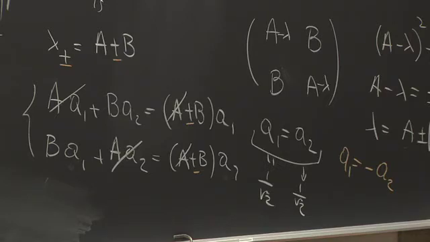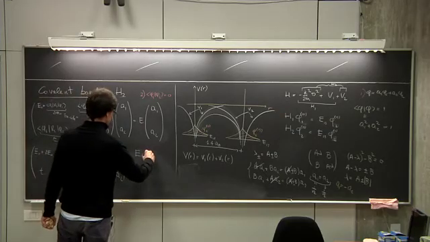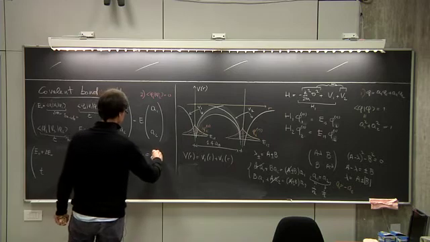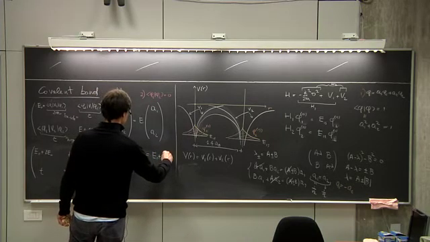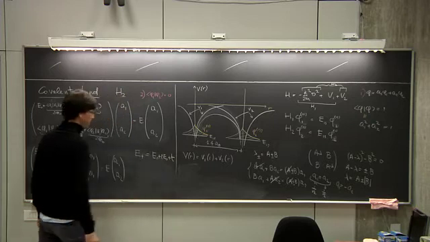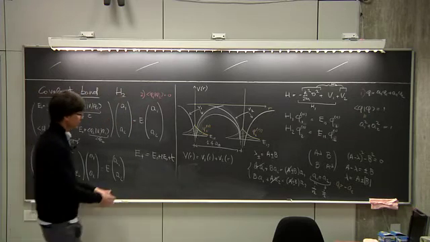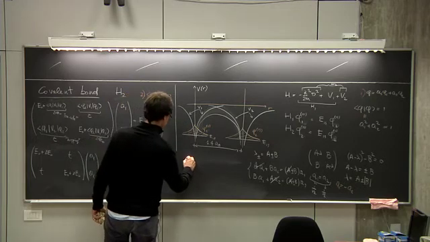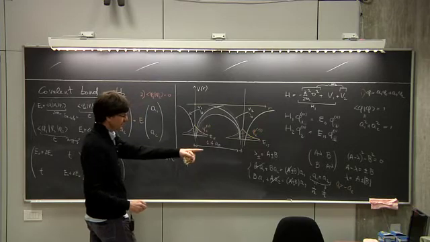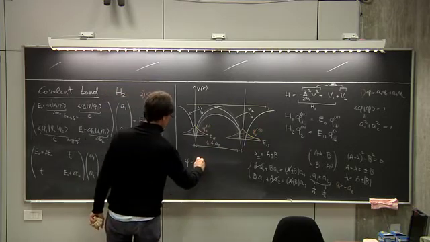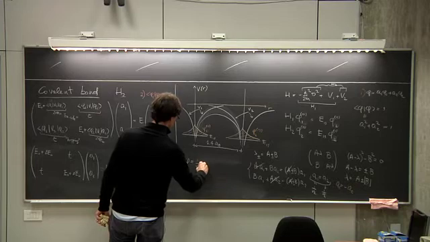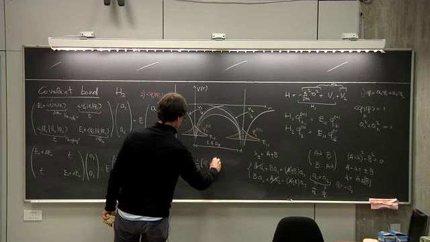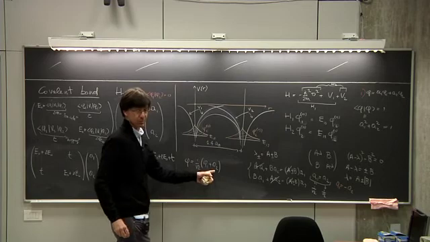In fact, I can say that there are two solutions, one which I call E plus, which is given by E naught plus delta E naught plus T, and the corresponding wave function is the one with the plus, so it's 1 over square root 2 phi 1 plus phi 2. A1 is equal to A2.